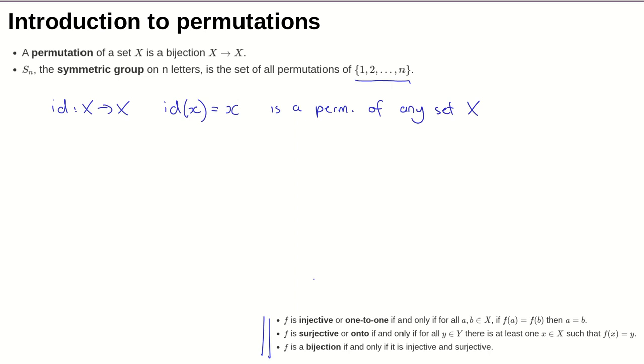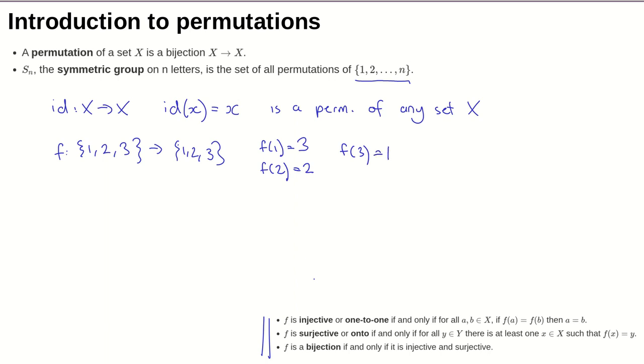X. Okay, next let's focus on examples which belong to the symmetric group Sn for some n. We have a function f from 1, 2, 3 to 1, 2, 3 defined by f of 1 equals 3, f of 2 equals 2, and f of 3 equals 1.